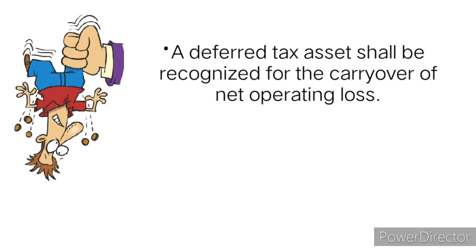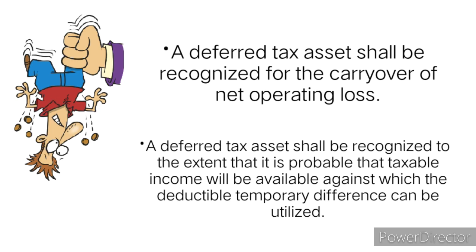Third, a deferred tax asset shall be recognized for the carryover of net operating loss. And the last one, a deferred tax asset shall be recognized to the extent that it is probable that taxable income will be available against which the deductible temporary difference can be utilized.